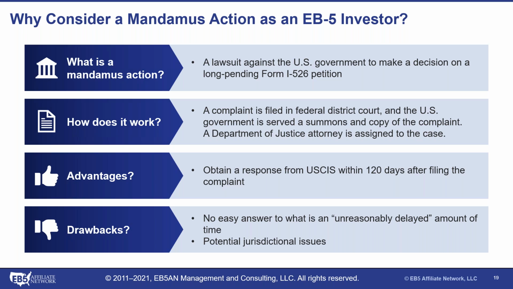Is it possible that they get annoyed that this particular investor, which all of a sudden just landed on your desk, filed a mandamus against them? Sure, that's possible. But it doesn't mean that that particular adjudicator will have carte blanche to all of a sudden issue you an unreasonable notice of intent to deny or unreasonable request for evidence.